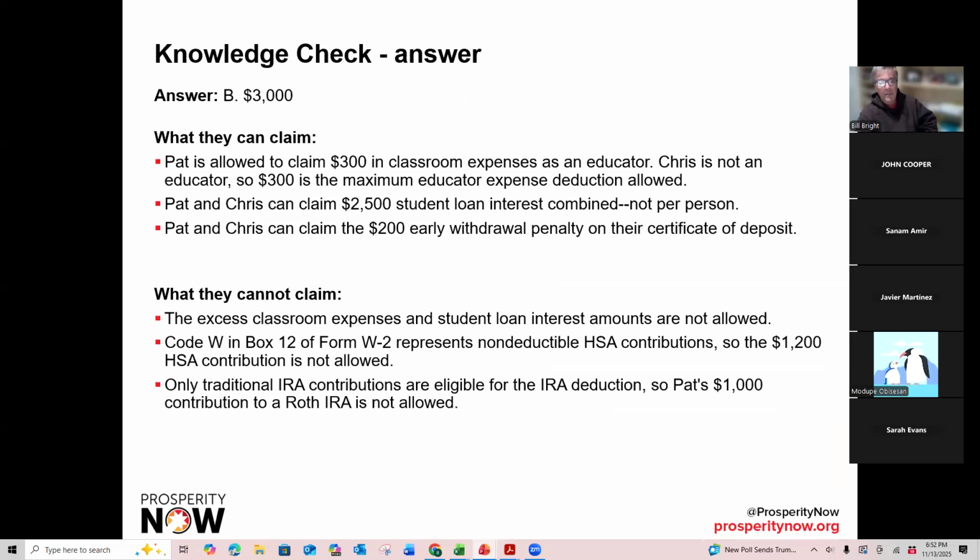The stuff that's left on the table, so to speak, the excess classroom expenses and the extra student loan interest, they can't do anything with that. The code W represents the employer contribution, so they can't do anything with the $1,200. And again, only traditional IRAs are allowed, so the $1,000 Roth contribution just goes away.